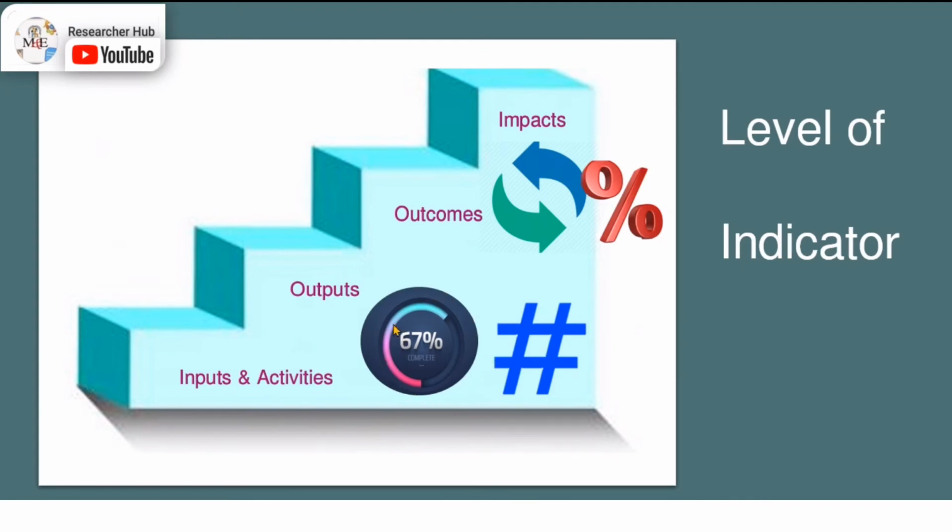One is only used to demonstrate the progress, which normally starts with a number. Another is used to demonstrate or measure the change, which normally goes along with outcome and impacts, and can be called outcome and impact indicators, which mostly start with a percentage. The other type, as I mentioned earlier, is more focused on process or progress, so it is also known as process indicators.